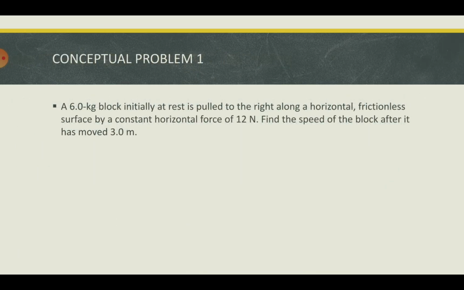So let us use the formula in solving these conceptual problems. A 6 kilogram block, initially at rest, is pulled to the right along a horizontal frictionless surface by a constant force of 12 Newton. Find the speed of the block after it has moved 3 meters.